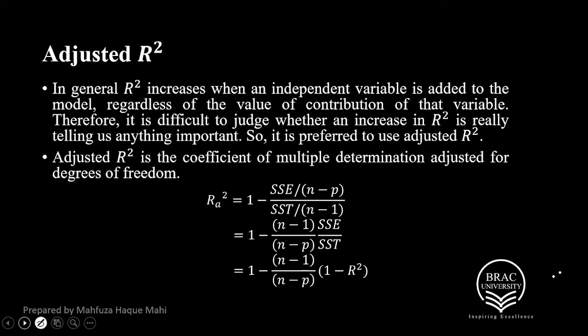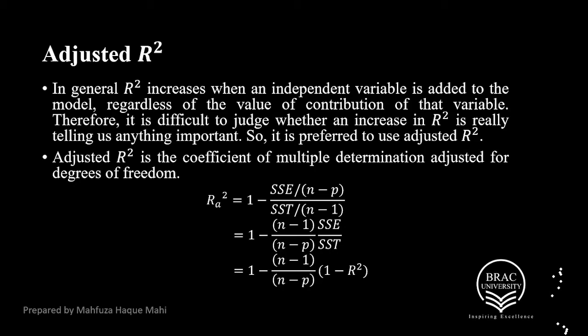The expression for adjusted R square is 1 minus SSE divided by n minus p, and this expression is divided by SST divided by n minus 1. Here n minus p and n minus 1 are the degrees of freedom. After some algebraic manipulation, we can establish a relationship between adjusted R square and R square.